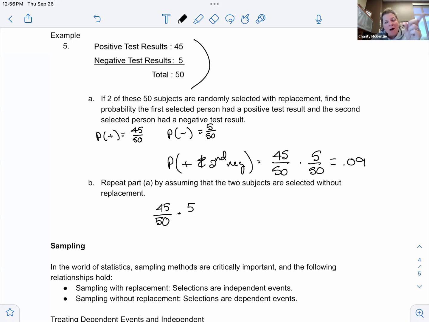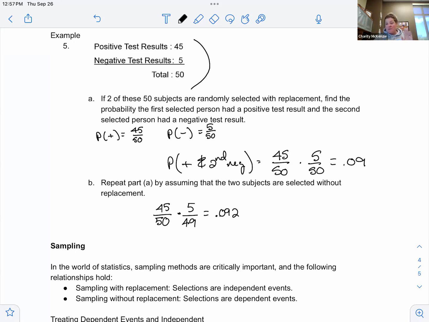If I would have said positive, that would have been 44. I would have had to count down. Now I still have to count down the denominator. So sometimes you count down on the numerator and the denominator. Depends on the question. This one was only the denominator because they were very different things. So if I times those together, I got 0.092-ish. So very close, but not the same for keeping them in versus taking them out.